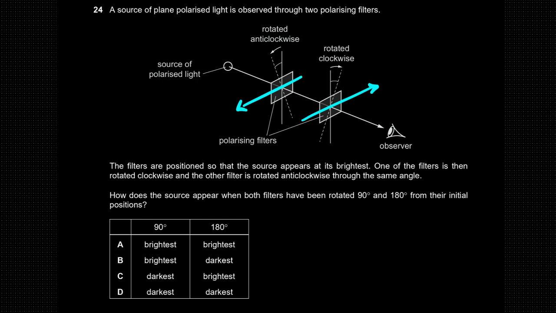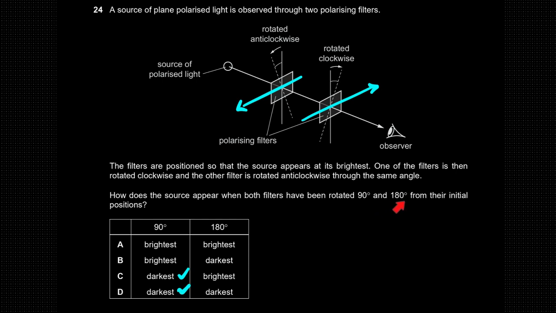So what would happen here is that the source would not appear at all. This is the idea here. Because if you look here, this angle is going to be 90, right? So the angle between the vertically polarized light coming in and this one is 90, and cos 90 is 0. So this intensity going out would be 0, and hence this would also be 0. So this would appear at its darkest.